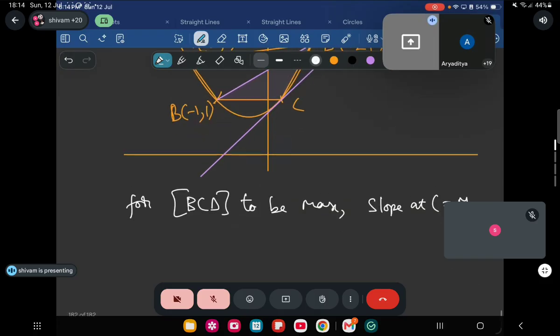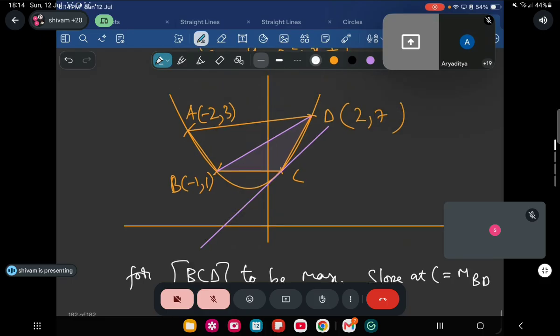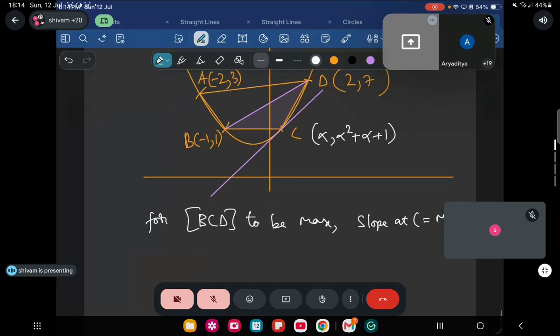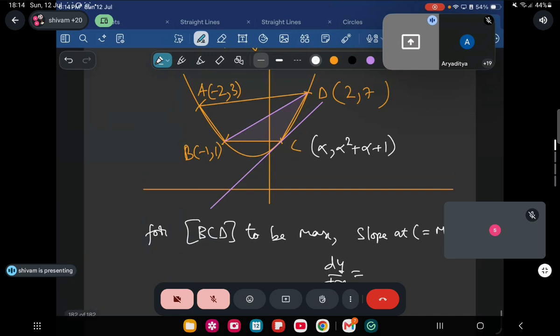Okay, slope at C we can find out, right or not? Tell me, what is the parametric point? Parametric point will be alpha comma alpha square plus alpha plus 1, right? Tell me, this is the parametric point. So we can differentiate y equal to x square plus x plus 1. Okay, let us differentiate. Slope of BD is (y2 minus y1) divided by (x2 minus x1), that is 7 minus 1 divided by 2 minus of minus 1. Tell me, are you getting?